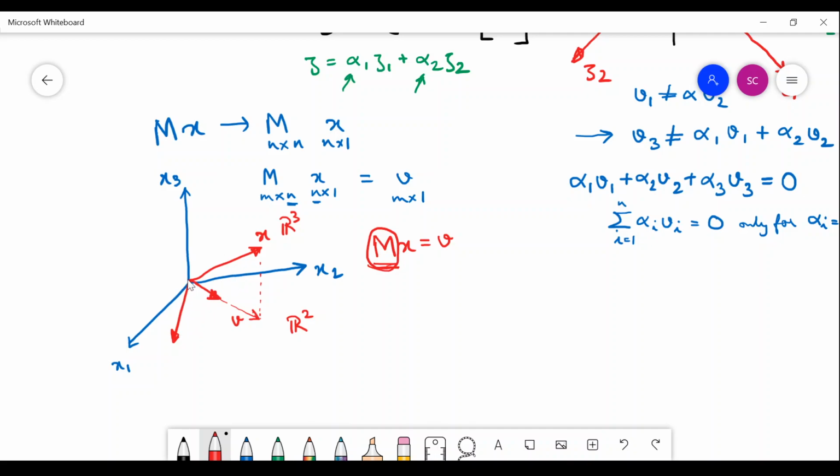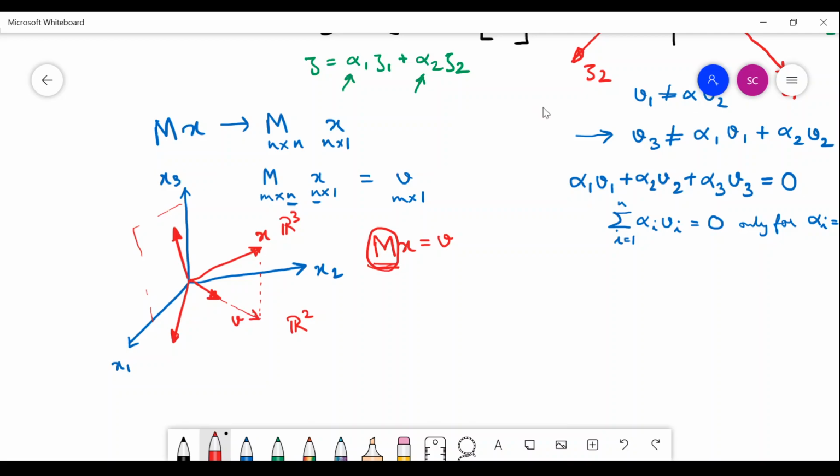Also you may land on the x1 x3 plane, depending on what your matrix entries are. But the thing remains the same, that you are coming from a three-dimensional space to a two-dimensional one.